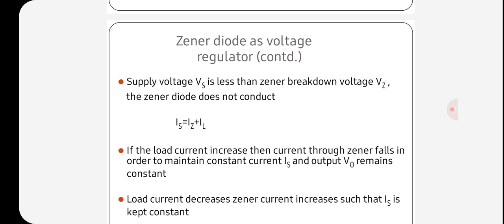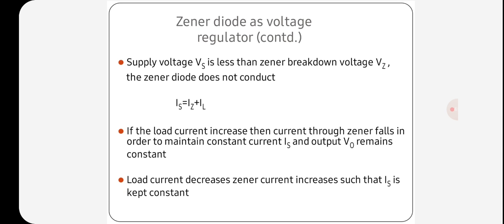Percentage of load regulation is equal to V NL minus V FL by V NL into 100, where V NL is the no load voltage, that is, remove the load resistance and measure the voltage across the Zener diode, and V FL is the full load resistor voltage.